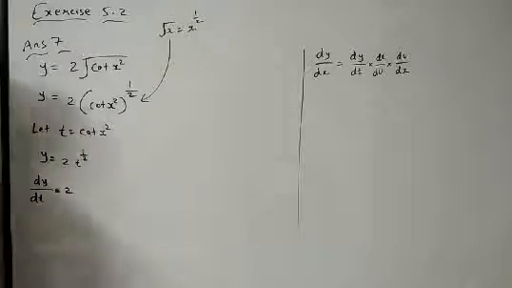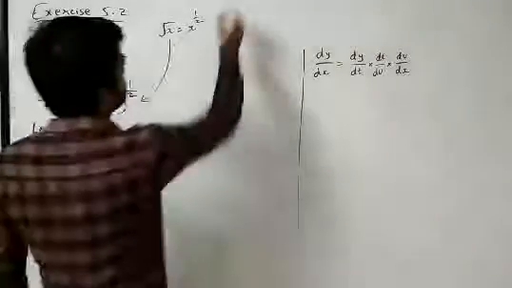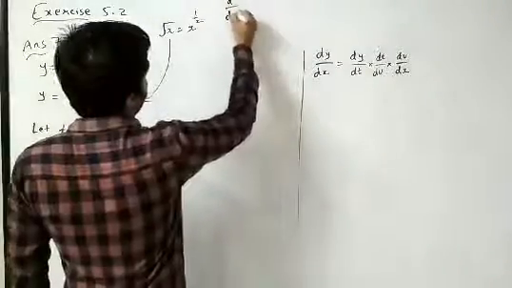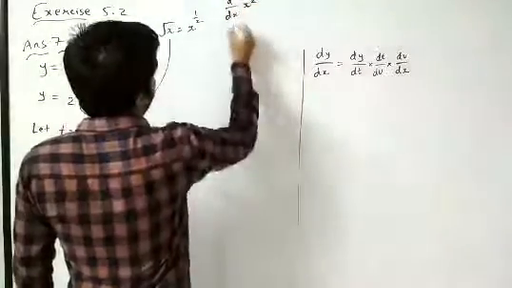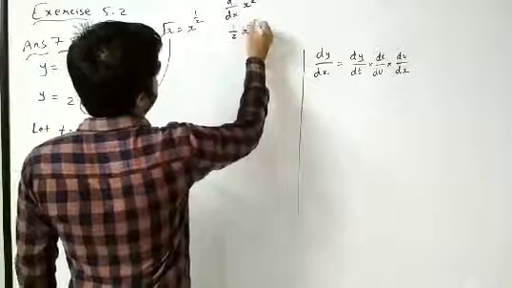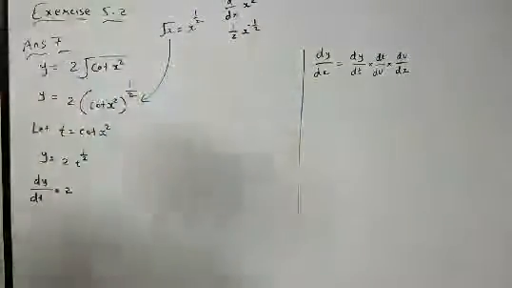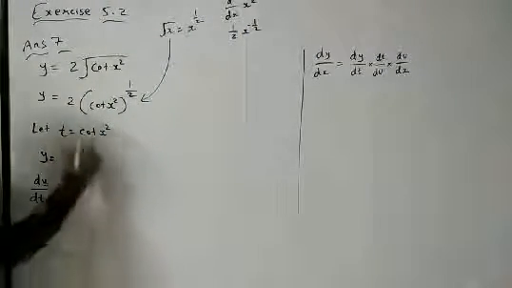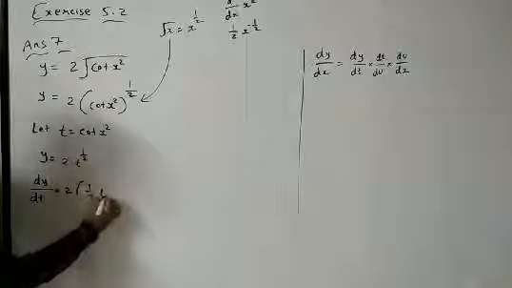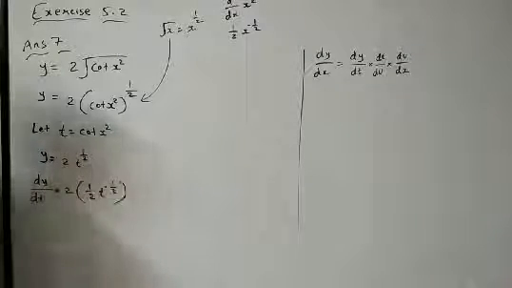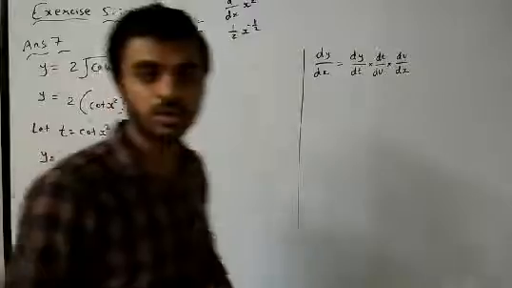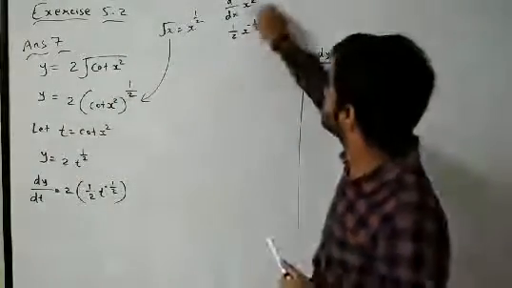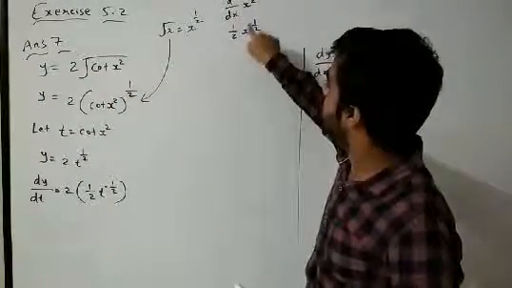So as it is, the derivative: d by dx of x raised to half is half into x raised to minus half, right? The same way here, derivative of t raised to half is half into t raised to minus half, because this type of sum we have done, right? d by dx of x raised to n is n into x raised to n minus 1.